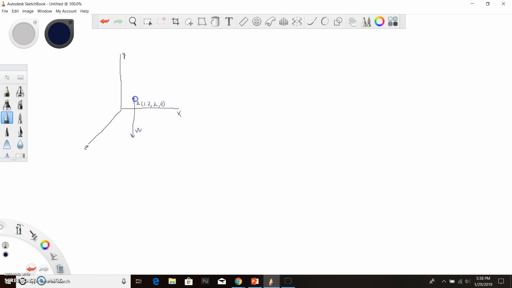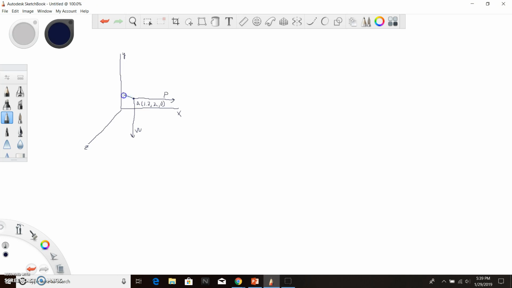The wall looks like it's on the YZ plane, so P is just going to follow the x-axis. That's going to be force P. Let's make that a better P. That's kind of better. Then I have a cable that's supporting it from A to point B.